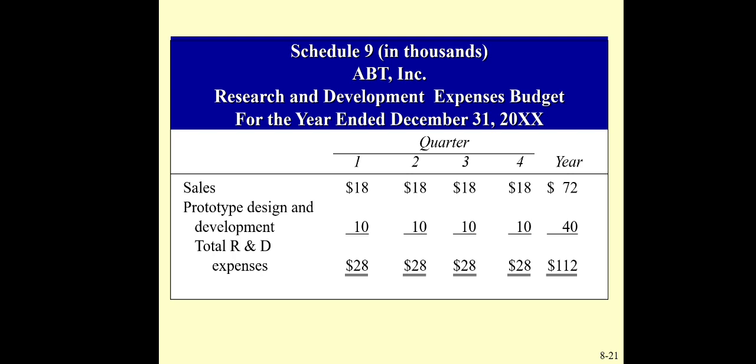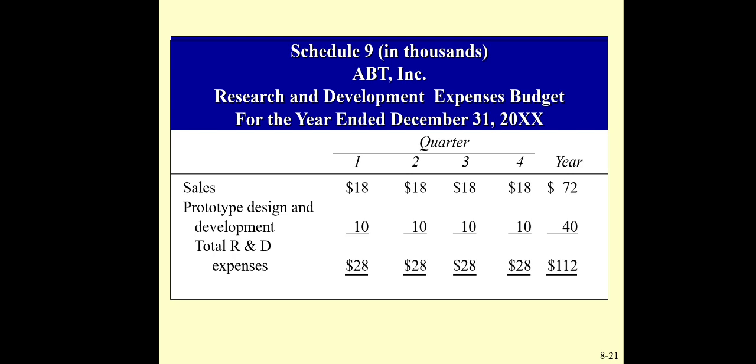See here the numbers used in this budget. The first thing is sales: first quarter 18,000, second quarter 18,000, third quarter 18,000, fourth quarter 18,000, so the total for the year is 72,000.